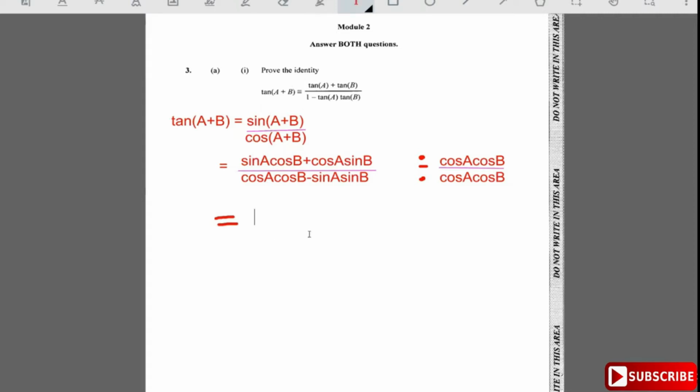We're going to get sine A cos B divided by cos A cos B, then we have a plus, cos A sine B divided by cos A cos B, all over.